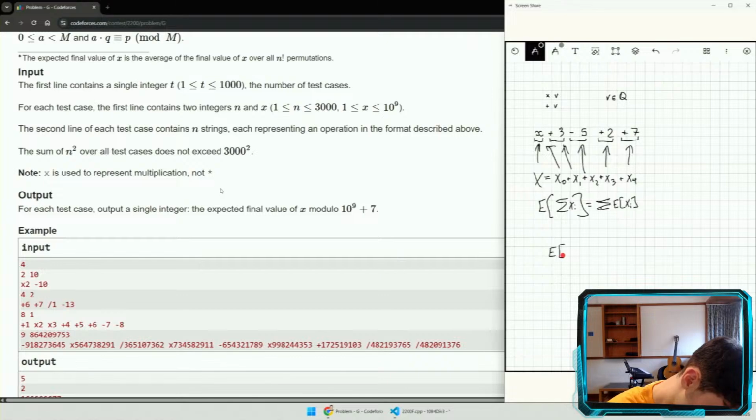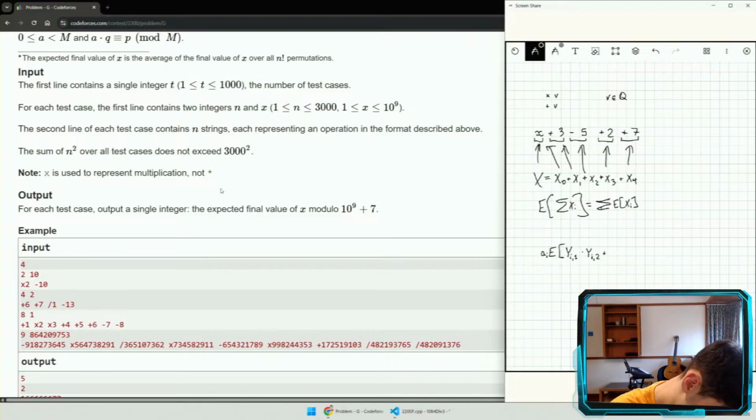It's the initial addition value, which we'll call a_i, times the expected multiplicative contribution to this additive value from each j, if I just create this notation.